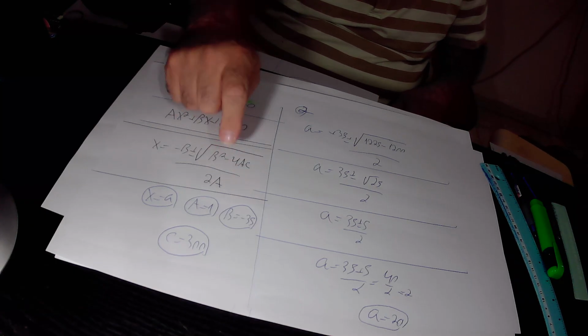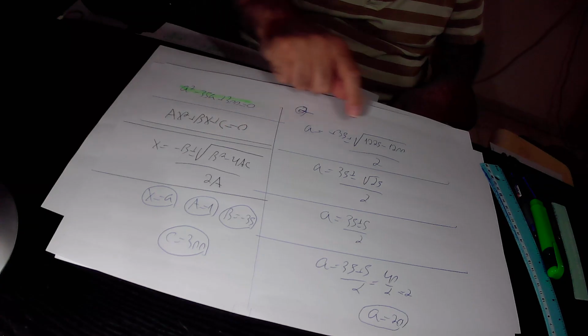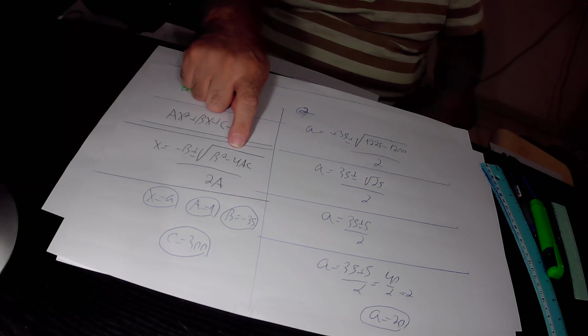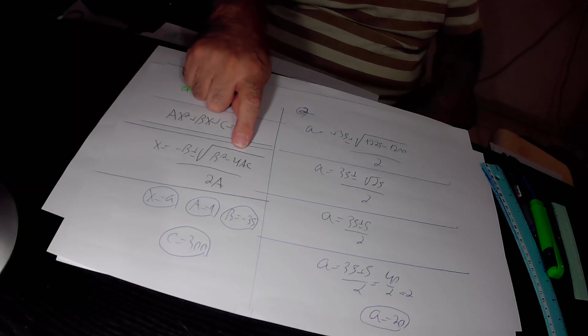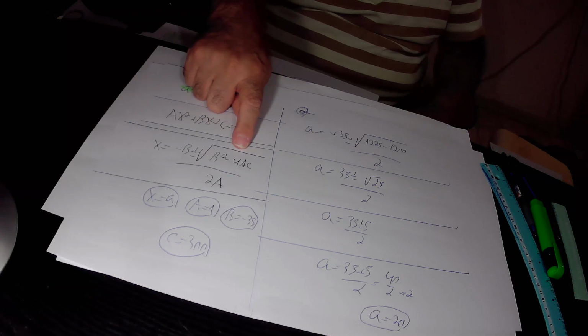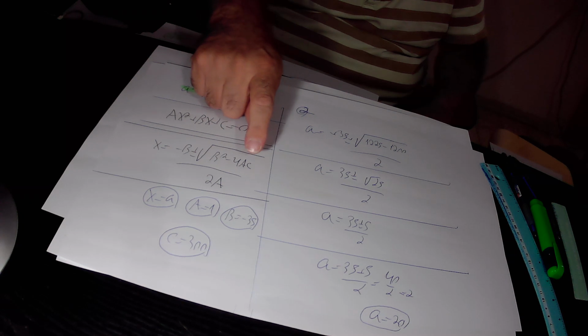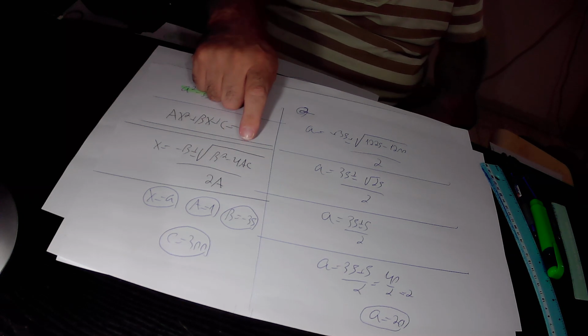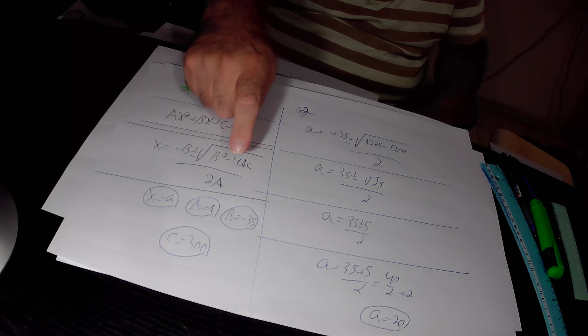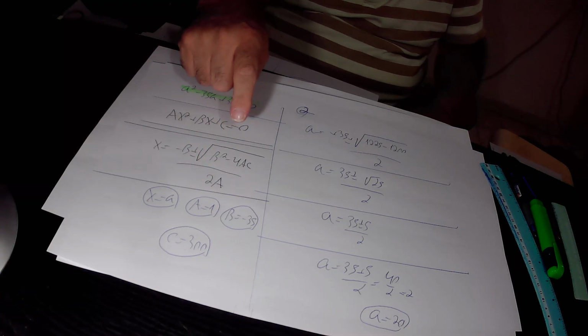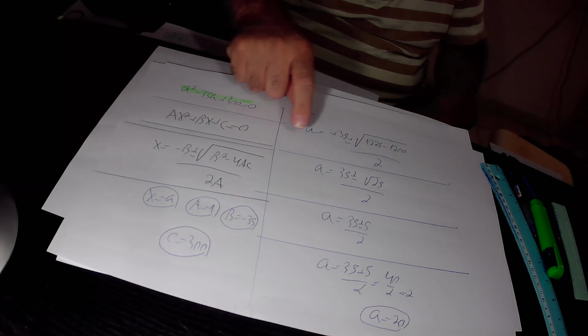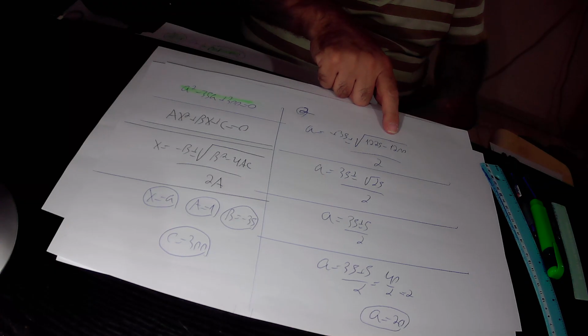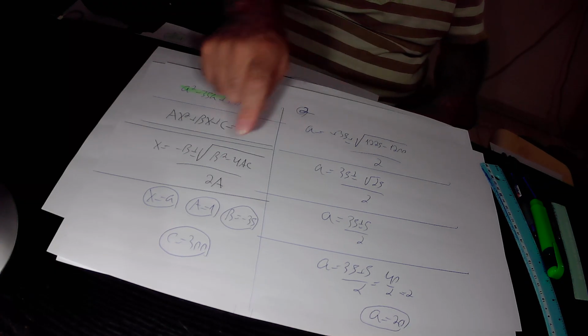B is minus 35, therefore b squared is 1225, minus 4 times a times c. A is 1, so 4 times a is 4 times 1, that is 4, times c is 300. So minus 4 times 300 is minus 1200, so in total minus 4ac is minus 1200, over 2a.